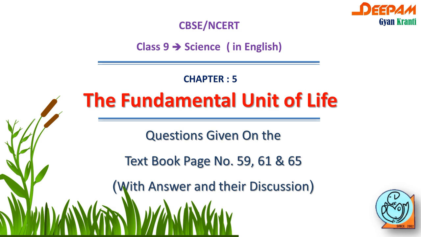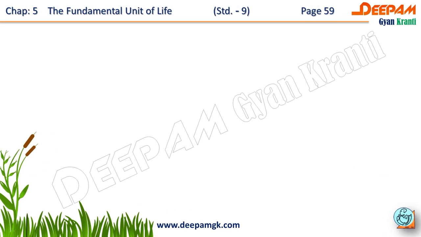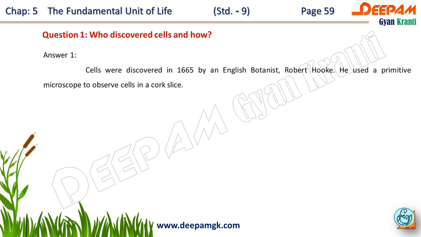Our first question of this video is given on page number 59 of your textbook, chapter 5, the fundamental unit of life. This chapter is of standard 9 NCERT new pattern book.